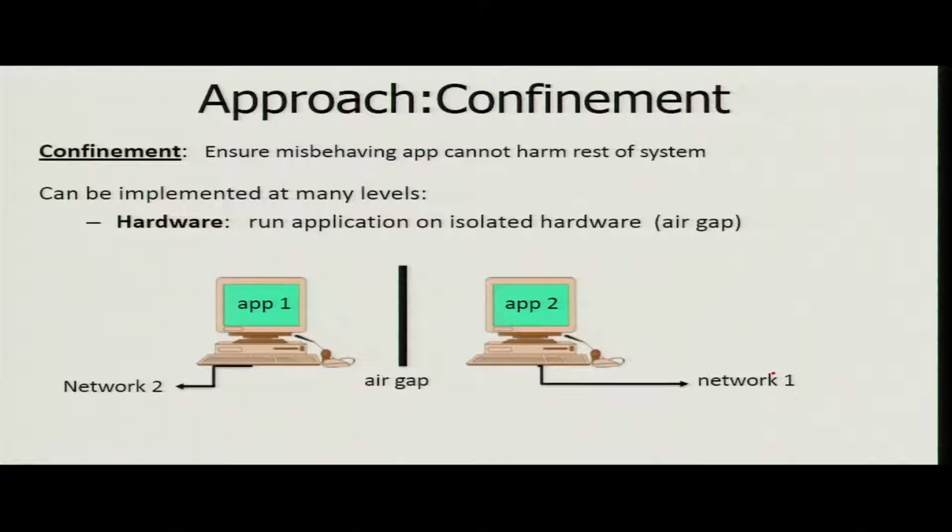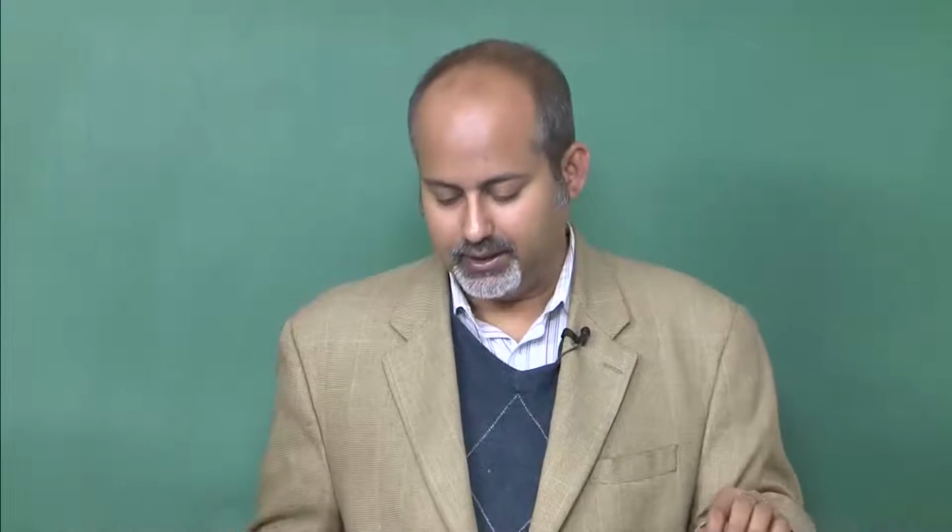Application 1 will run on one computer, application 2 on a second computer. They are totally air gapped, and the chances of them intermingling are minimized. But this is very expensive, because nowadays your cell phone itself is running many applications, so you cannot have separate hardware for each of those.